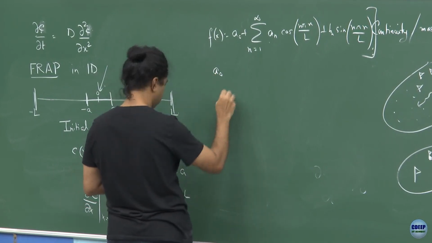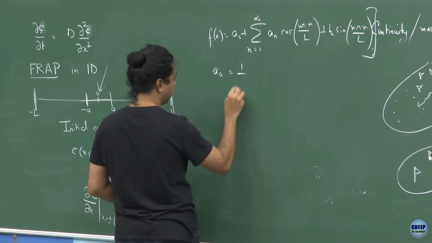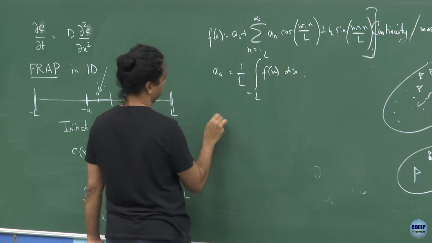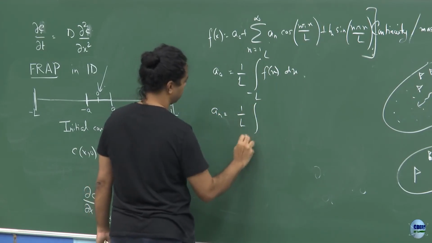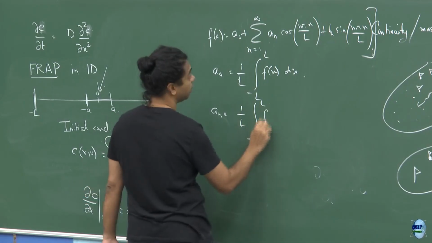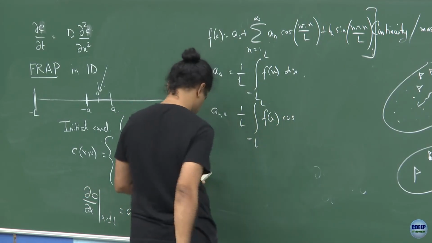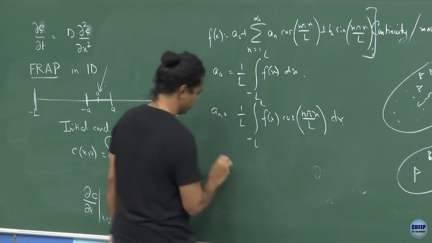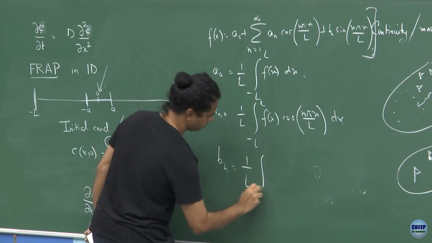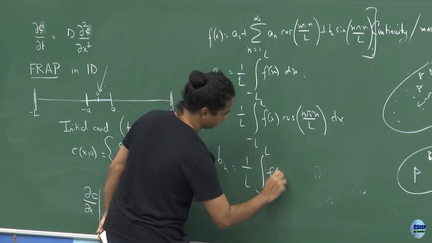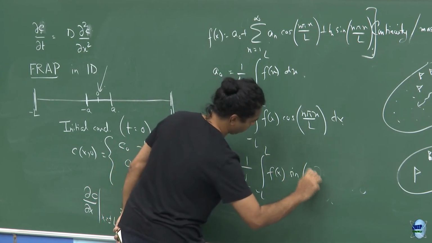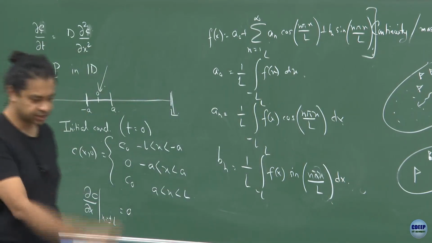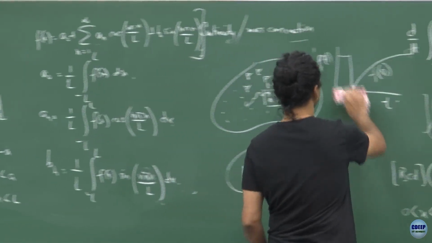So, a naught is 1 over L, integral from minus L to L of f of x dx. a n is 1 over L, integral from minus L to L of f of x cos of n pi x by L, and b n's are again 1 by L, integral from minus L to L of f of x sine of n pi x by L. So, any function I can expand in a Fourier series with the coefficients given by these.